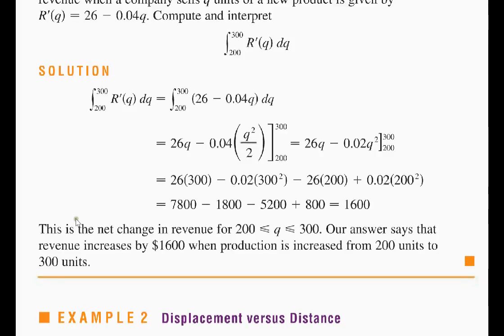But let's talk about, most importantly, what did we just calculate here? 1,600. That means our revenue increased. We accumulated 1,600 revenue when our production increased from the beginning amount, 200, to the end amount, 300. It's always that simple. So you can basically say it right now without knowing anything about it.